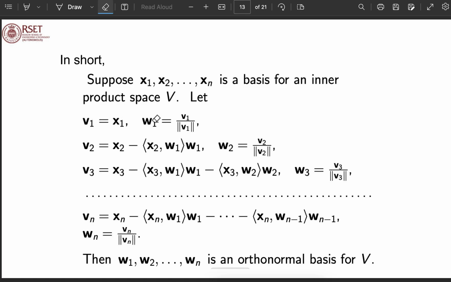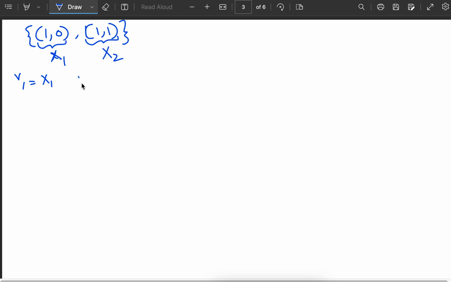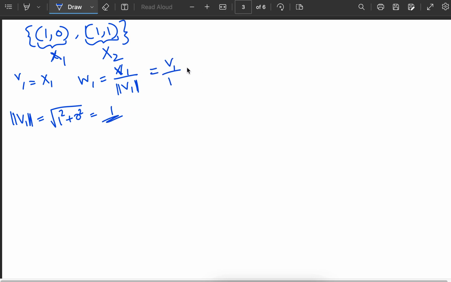We need to normalize this v1, so we take w1 equal to v1 by norm v1. What is norm v1 here? We are considering the Euclidean norm and Euclidean inner product. So norm v1 is equal to the square root of 1 squared plus 0 squared, which is equal to the square root of 1. So this is v1 by 1, so it is (1, 0) itself.